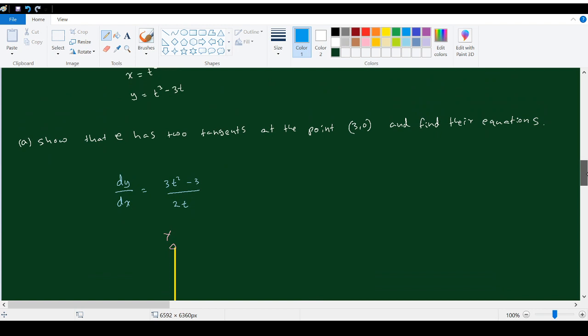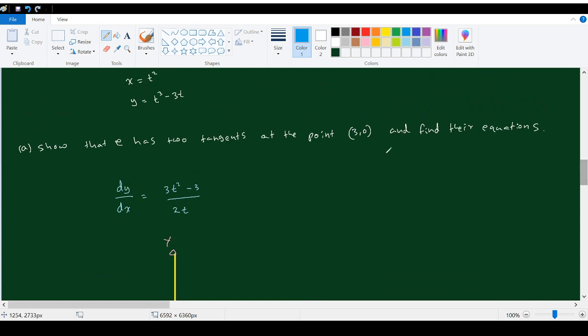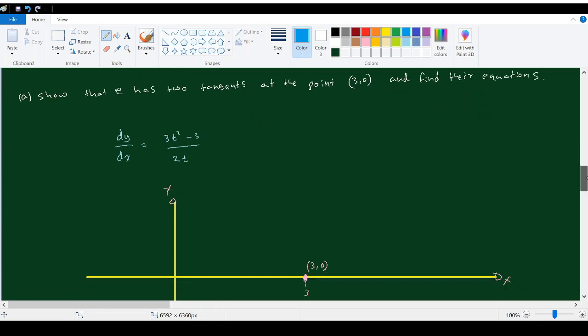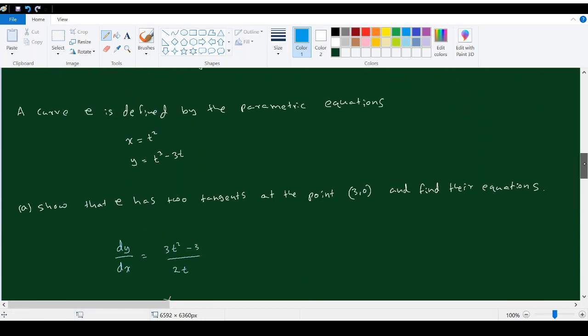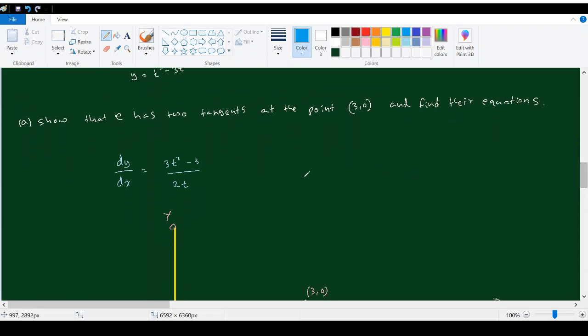In order to compute tangents, first of all we need to compute the derivative, and we did that in the previous video. And about this point (3, 0), the y coordinate of our given curve is expressed like this. So we can factor out a t and rewrite it like this.